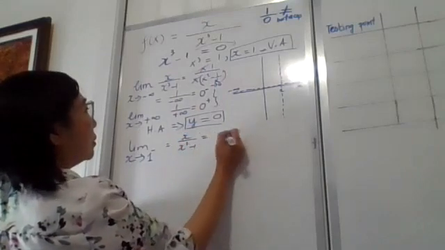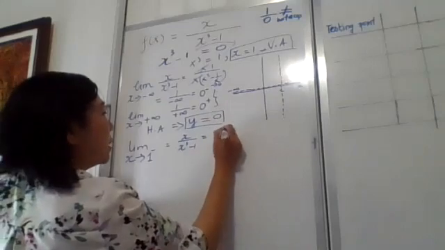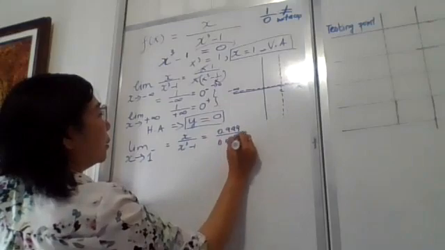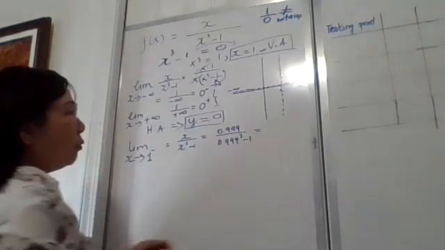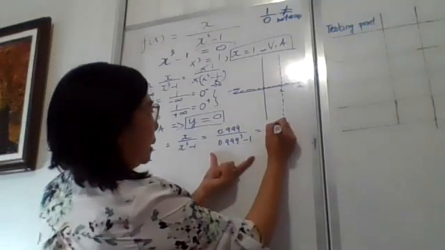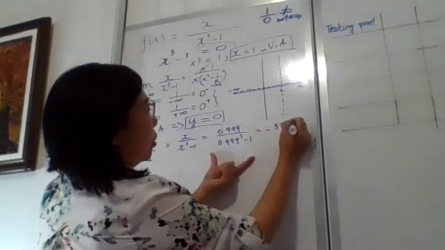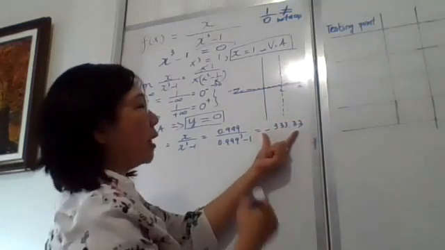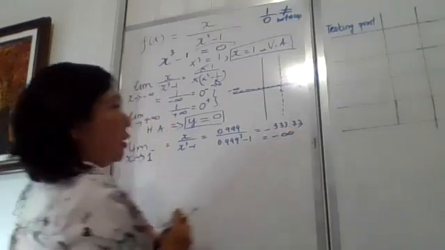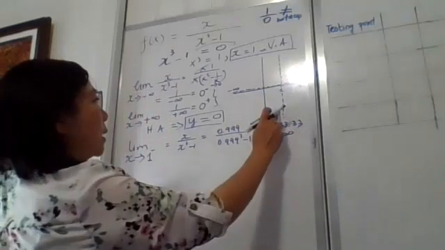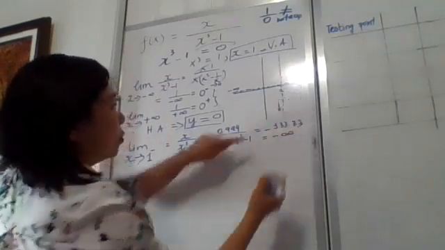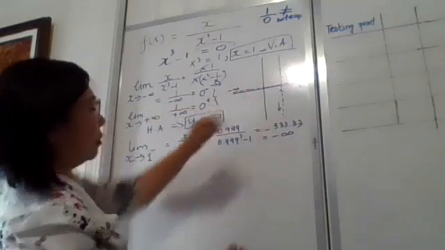So slightly less than 1 will be 0.999 over 0.999 to the power 3 minus 1. When I put this value in our calculator, I got the answer minus 333.33. This is considered a big number, but negative infinity. So now we know when x approaches 1 on the left, our y behavior approaches negative infinity.